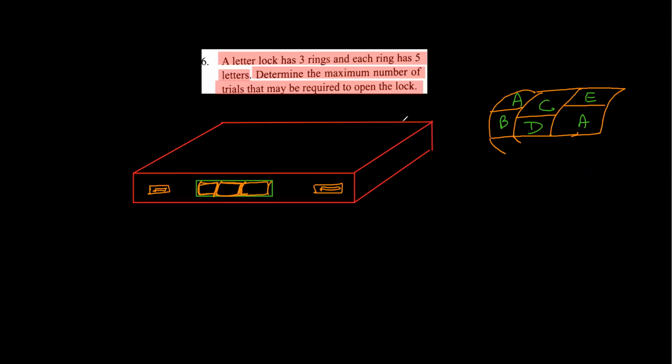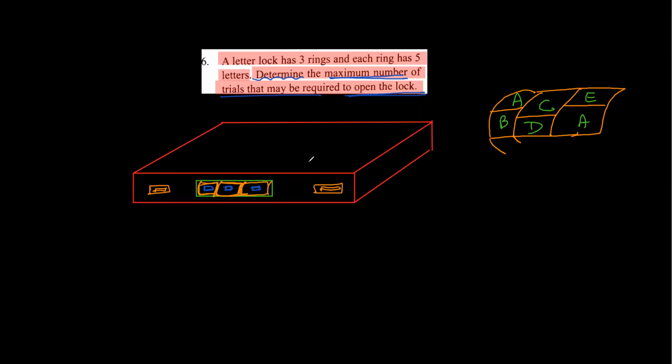There are 3 rings and 5 letters. Now the question says determine, that is, find out the maximum number of trials that may be required to open the lock. You do not know the correct code. Say some code has been fixed, but I did not reveal it, and you still want to open this box and get the chocolate out of it.